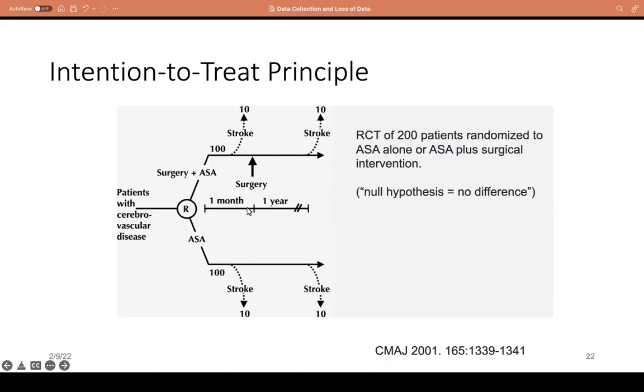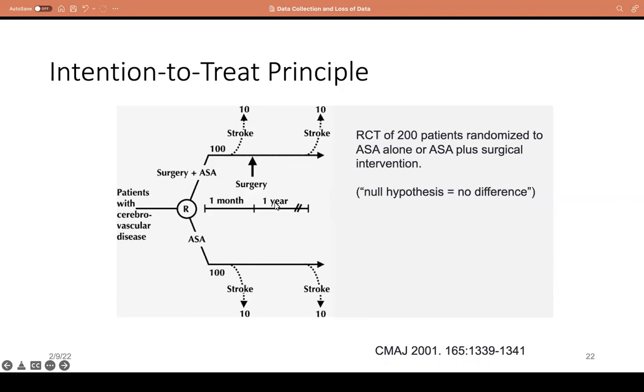The underlying assumption here is that surgery actually doesn't help. Here you have 10 people on the surgery arm that actually have a stroke before they even have surgery, and then the other 90 people have surgery.